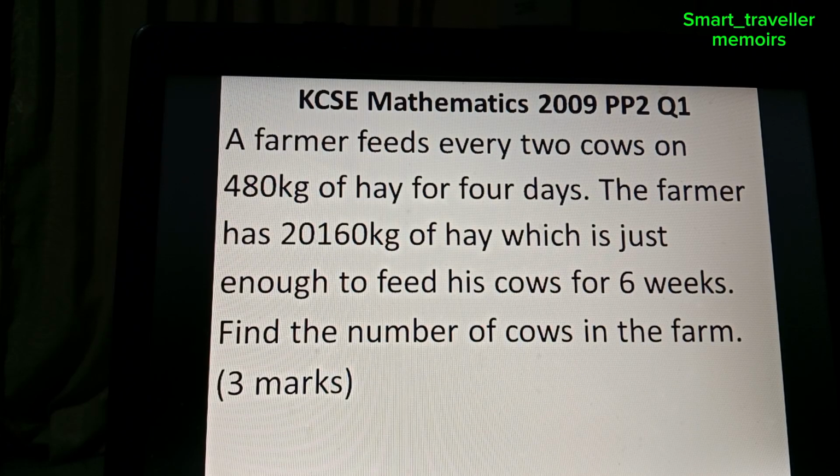I'll first of all do the research of this question from the net. Then I'll give the way they marked it in KCSE. So let's start.